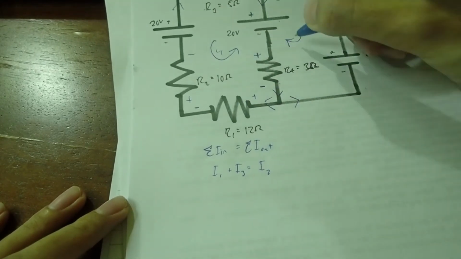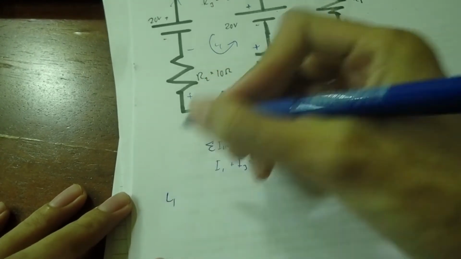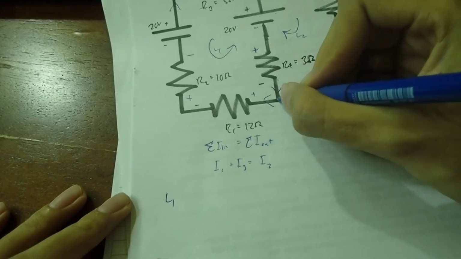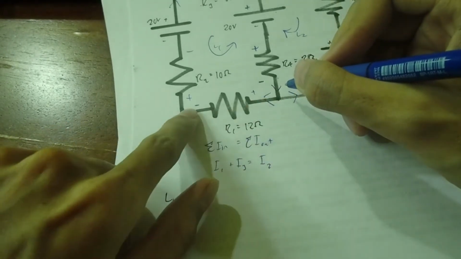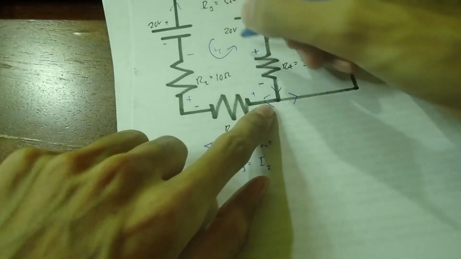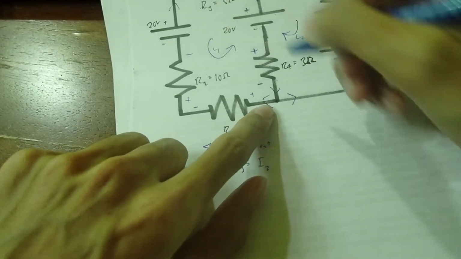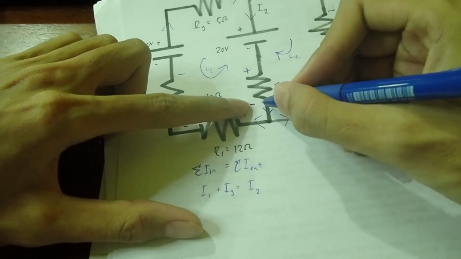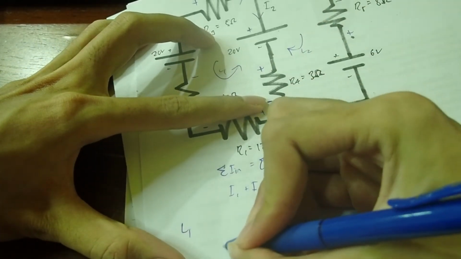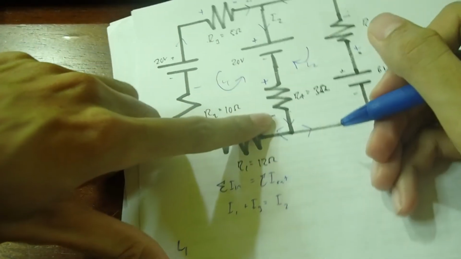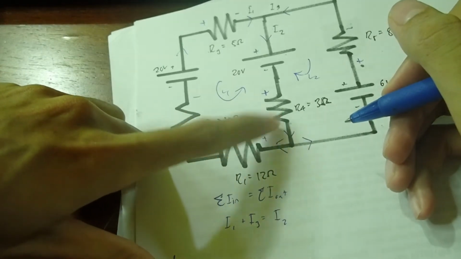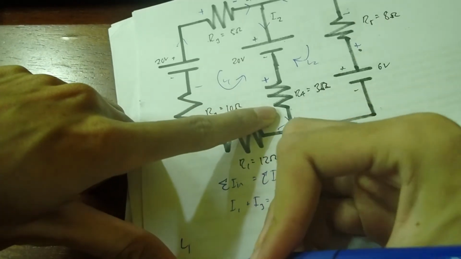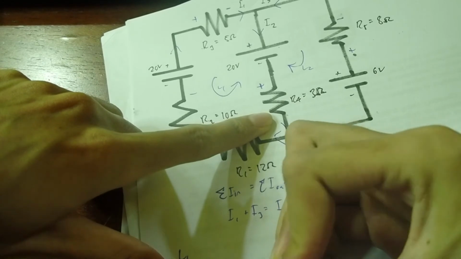This is loop 1, this is loop 2. For loop 1, let's begin at this part and move along. This is the reverse direction, so we move in the reverse direction, counterclockwise. Here we meet resistor 4, we meet the negative terminal, so we need to write negative. The current flowing into this resistor is I2, so 3I2.